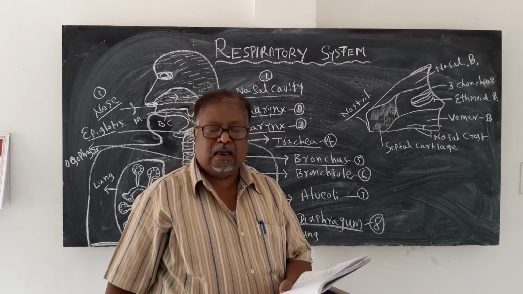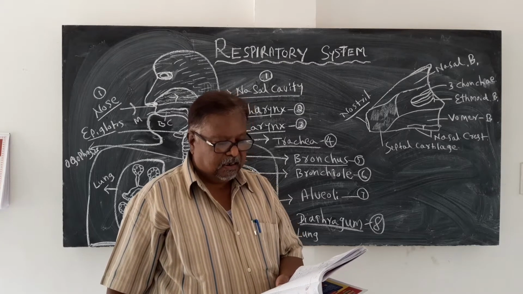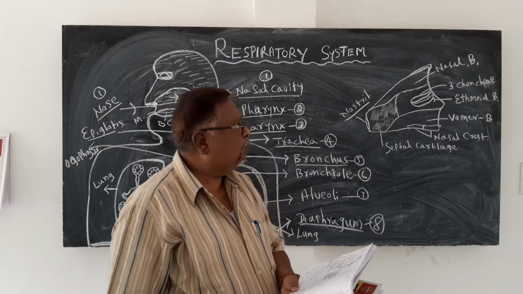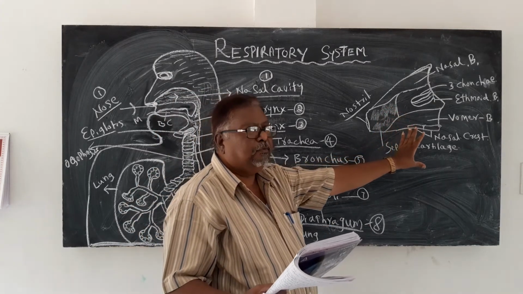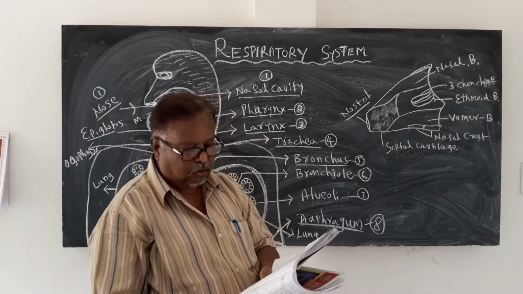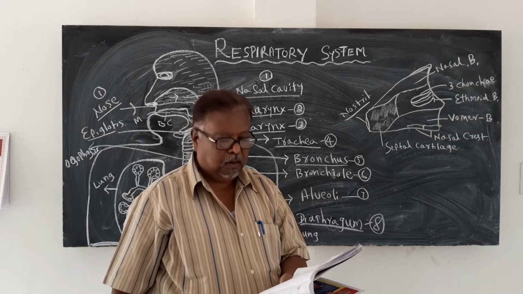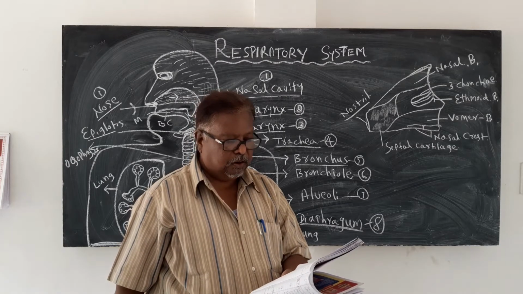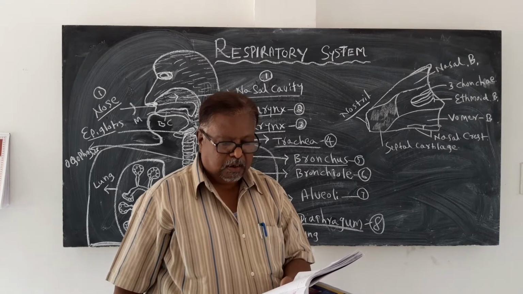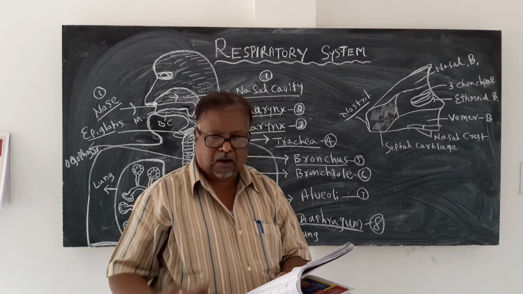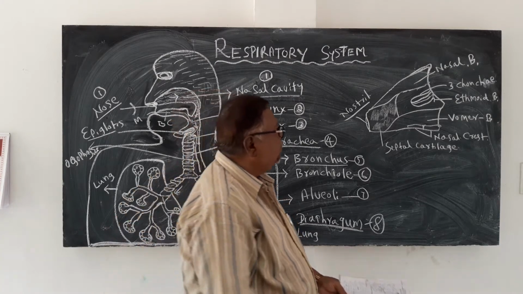The nose has a partly bony and partly cartilaginous skeletal framework. So this is the nose, and the bone framework is present here. Both cartilage and bones are present in the nasal cavity or the nose. It has a prominent ridge separating the right and the left halves, called the dorsum nasi.